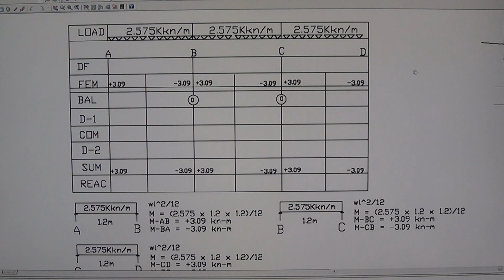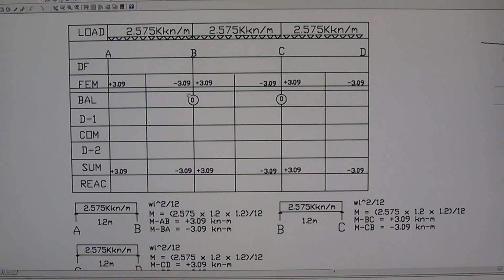The reason why it is called the moment distribution is when there is an unbalanced moment between the 2 spans right here at the joint, like see B here. If there is an unbalanced moment here, it goes here.